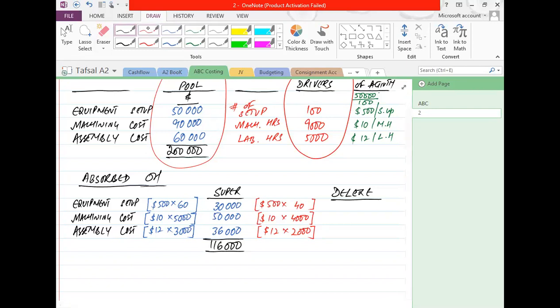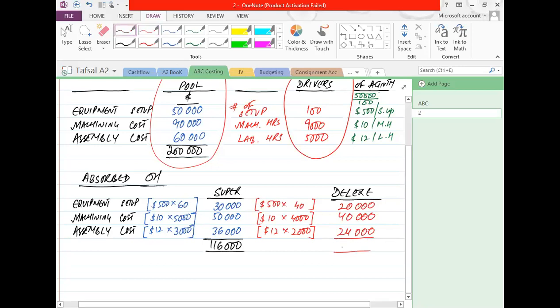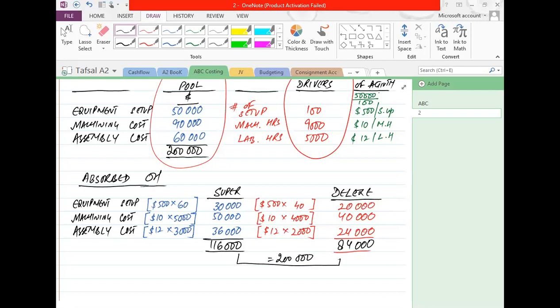Calculators, kindly do it quickly. If you take the sum of these, it will equal 200,000. Is it okay? This is our ABC costing, how to allocate overheads into products.